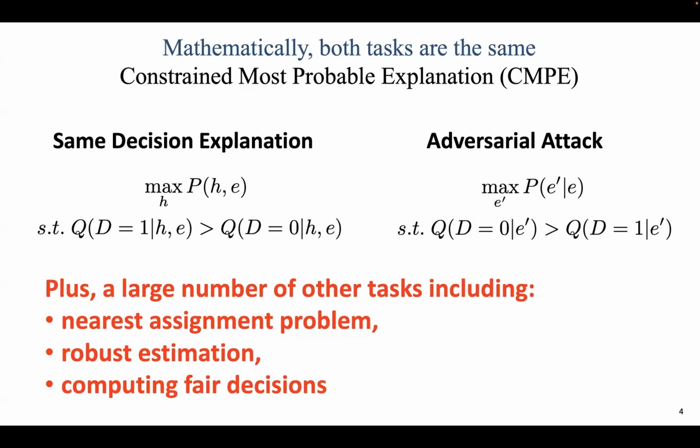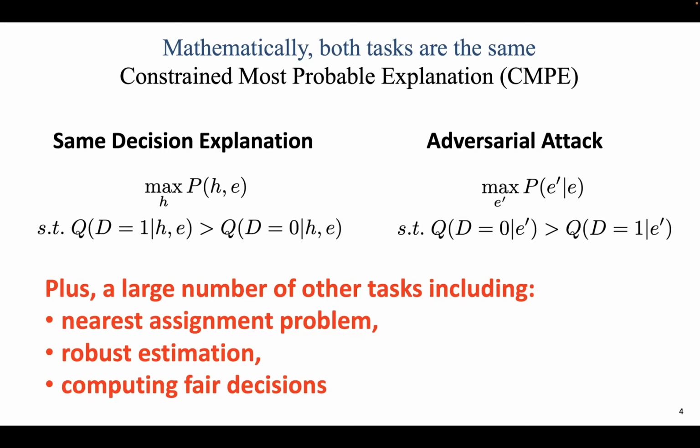It turns out that if you write these problems down mathematically, these two tasks are similar to each other and can actually be reduced to each other. Therefore, we want to study these tasks as a group rather than individually. In a way, we want to utilize and reuse algorithms for one task to solve another task.